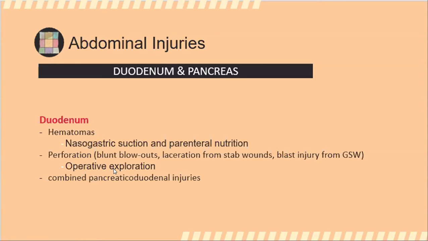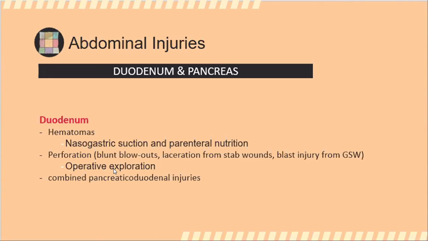Kung yung nasa retroperitoneum is behind, di ba? Yung peritoneum, nasa likod lang yan is your vertebra. So, yung blunt abdominal trauma, minsan, your duodenum, nasa sandwich siya between your impact and your vertebra. So, naiipit yung duodenum and it can cause laceration or destructive injuries. Yung iba naman, gunshot wound and penetrating stab wound, because of the weapon na ginagamit.